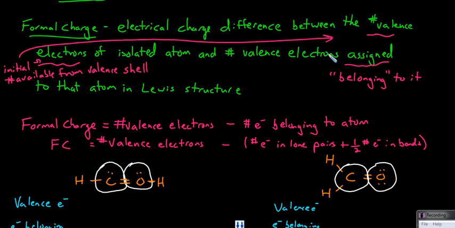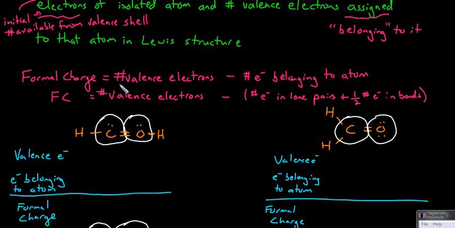And then subtract the number of electrons kind of belonging to it. Let me show you what that means. Formal charge is equal to the number of valence electrons brought to the table from that element, dependent upon its group number, minus the number of electrons belonging to that atom.